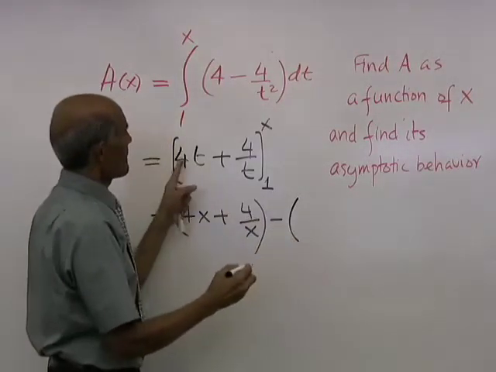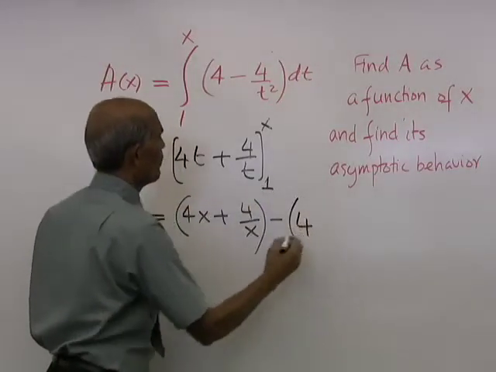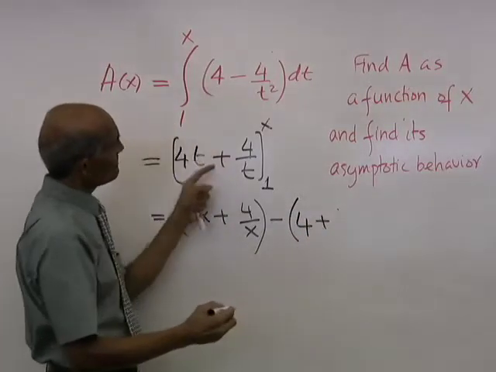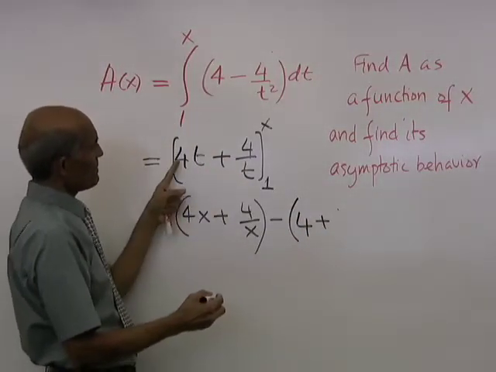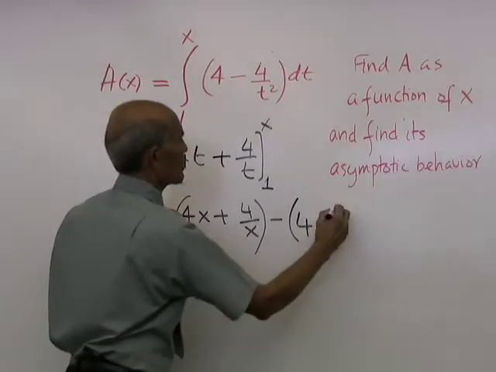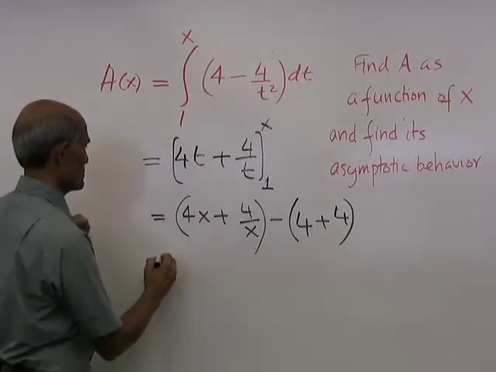Minus, t is replaced by 1. That will be 4 times 1 plus 4 over 1. Is that right? 4 times 1 plus 4 over 1 is 4 plus 4. And what is that equal to?